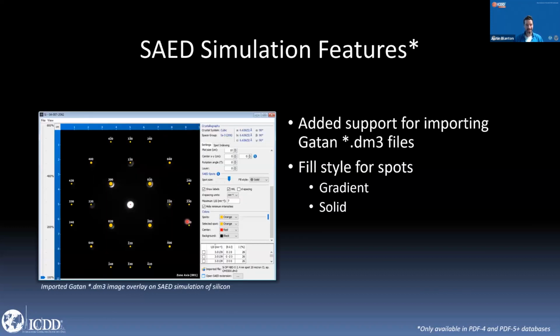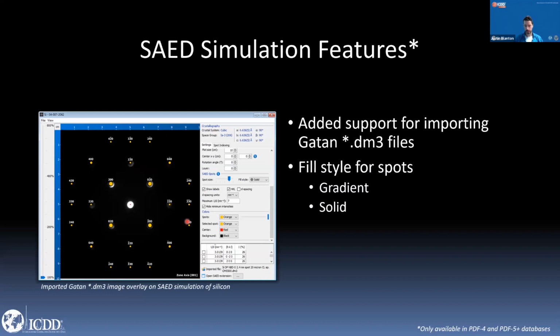We also have SIeve simulation patterns in the database. So SIeve patterns are selected area electron diffraction simulations. And we've worked with the company Gatan and their program, DigitalMicrograph, to add support for importing Gatan .dm3 files.